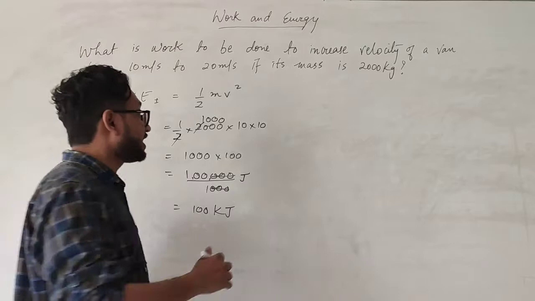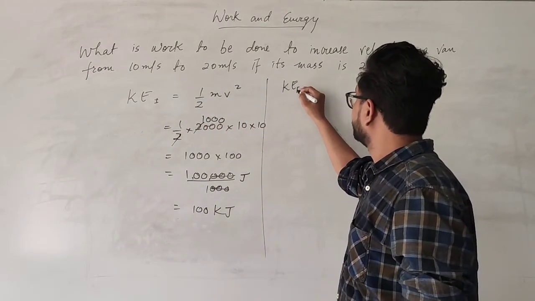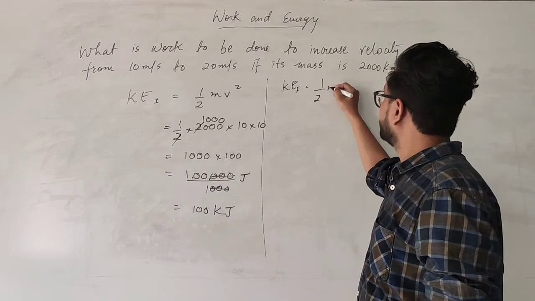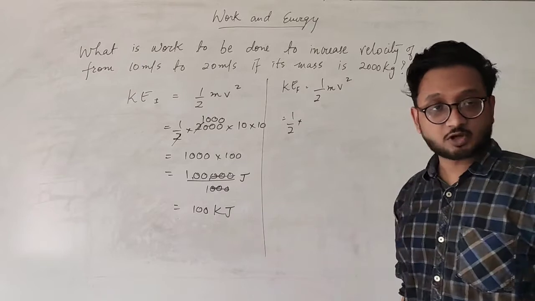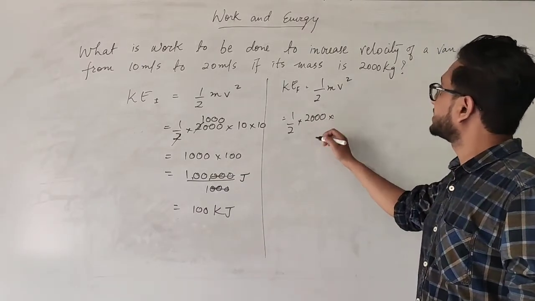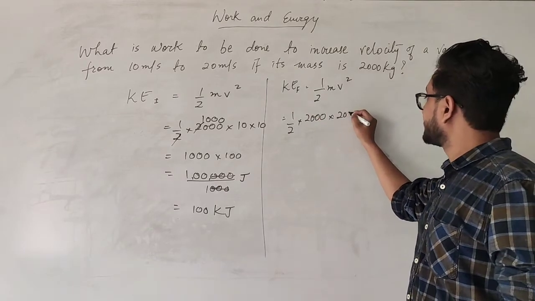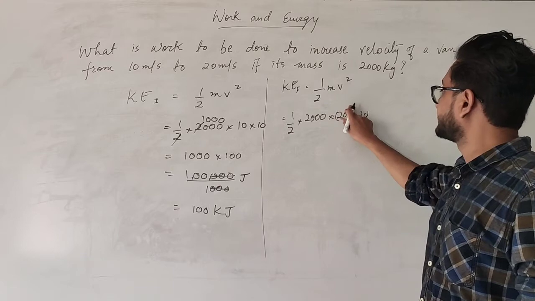Moving on, we now find the final kinetic energy. Once again, half mv square. Now I have half. Mass is not going to change. The van is the same, so it is 2000 and velocity is 20. So 20 square, or I can write 20 into 20.